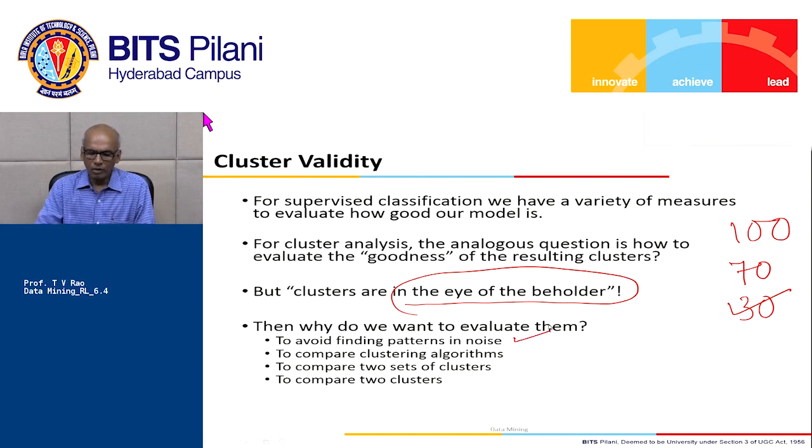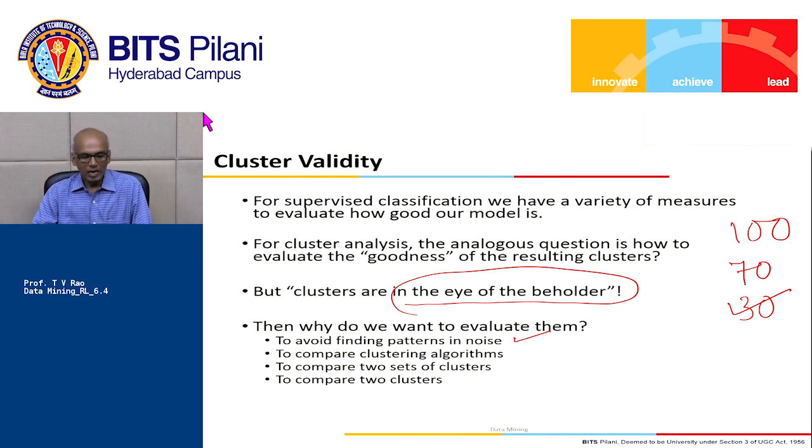For example, we know that some points are noise. So is it able to eliminate that? And we may also use cluster analysis to compare two different clustering algorithms. As we have seen, when we compared them using various parameters, we found that one clustering is better than the other.